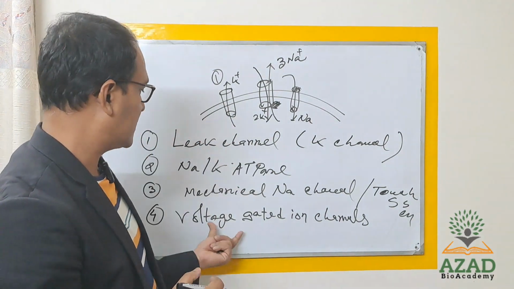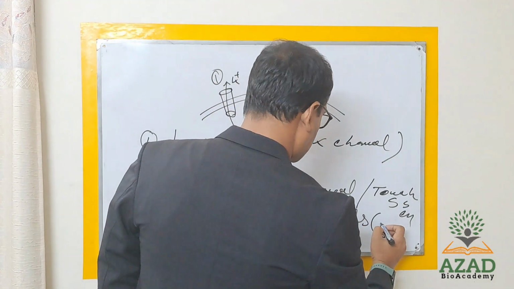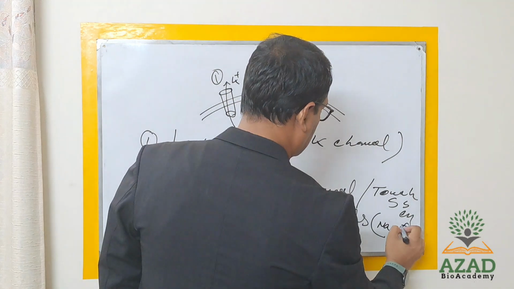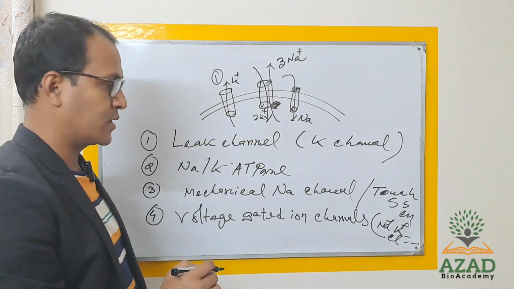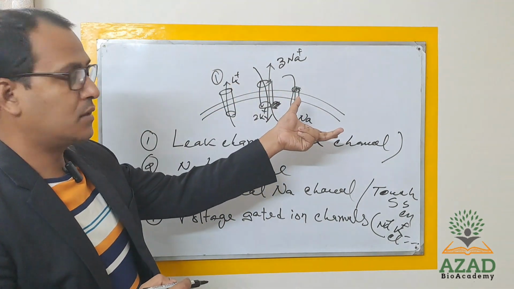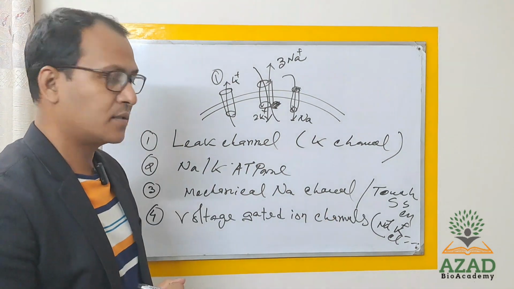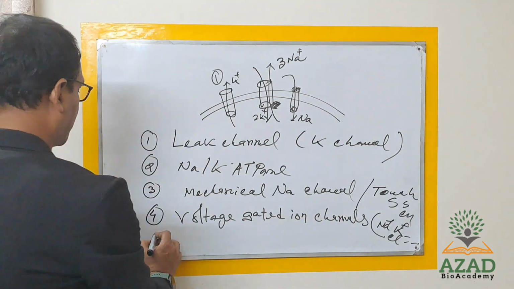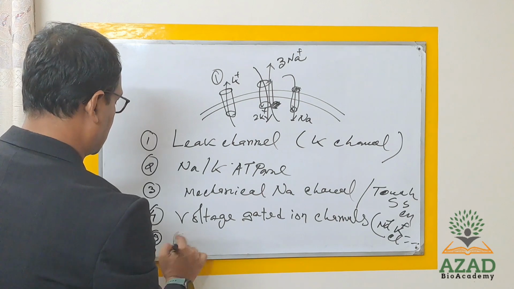Voltage gated ion channels include sodium channel, potassium channel, chloride channel, like that. Here in the nerve cell, voltage gated sodium channel and potassium channel are much more prominent than the chloride channel. And the fifth one is the ligand gated ion channel.